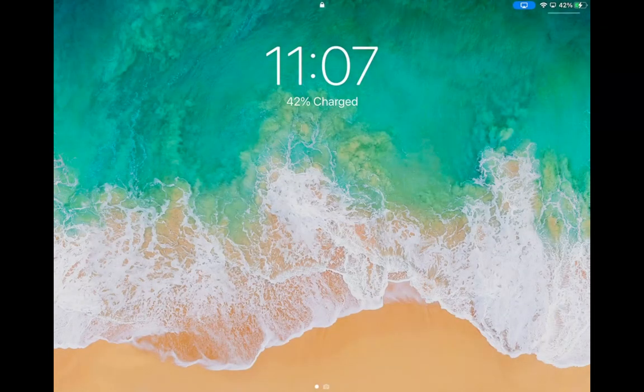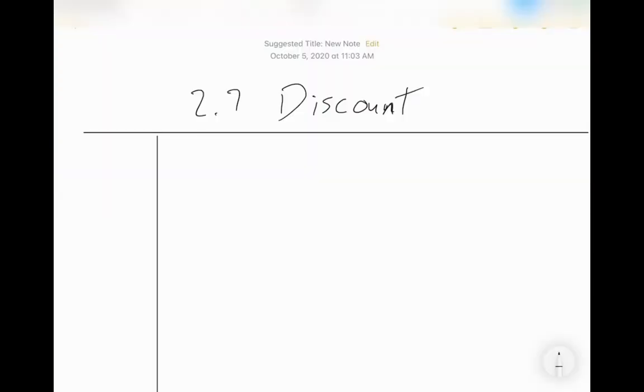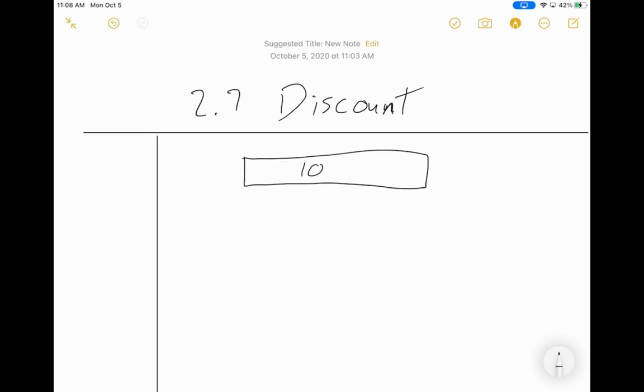Sorry, let me make sure my screen is sharing correctly. All right, so I can kind of illustrate this, right? So if you have these little chunks, what it would look like is this. What I just did, for those of you who didn't maybe do this on your paper, okay? When you're talking about discount, you start with 100%, right? Use a full piece of paper. This is 100%, and this is your original price.